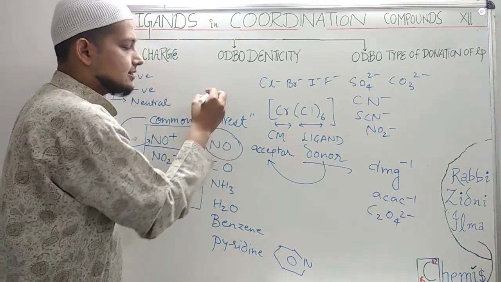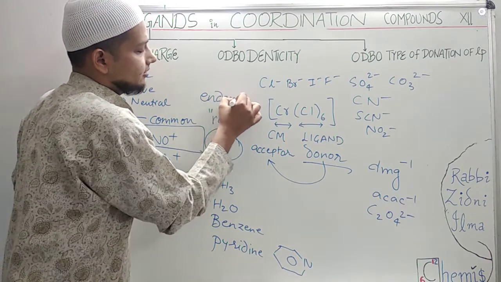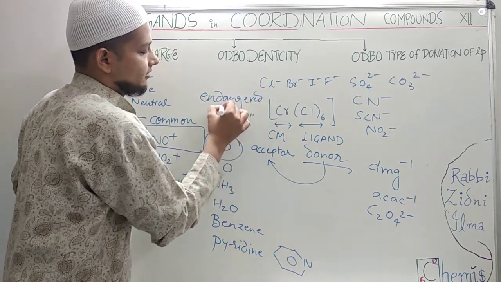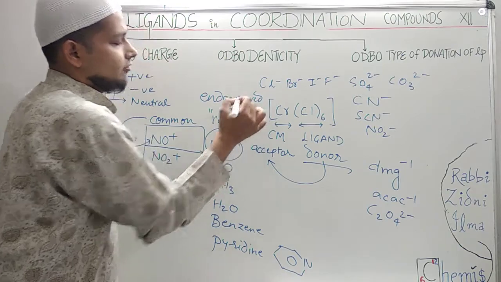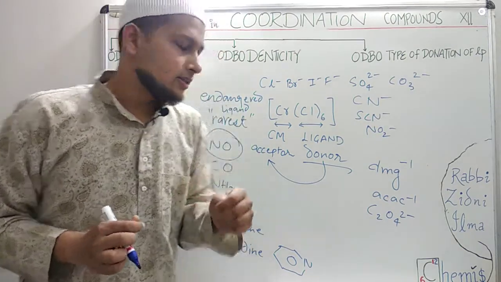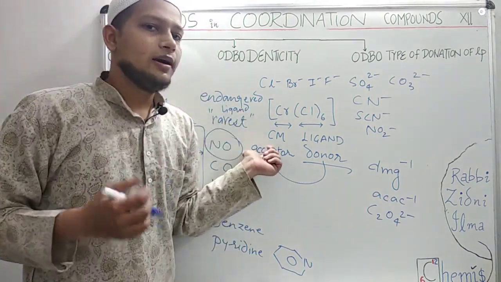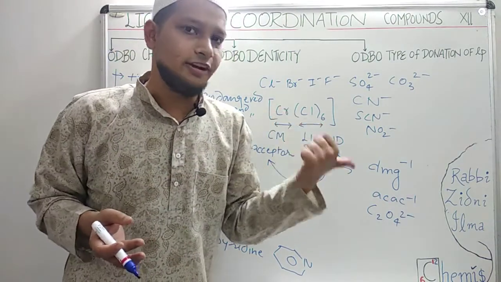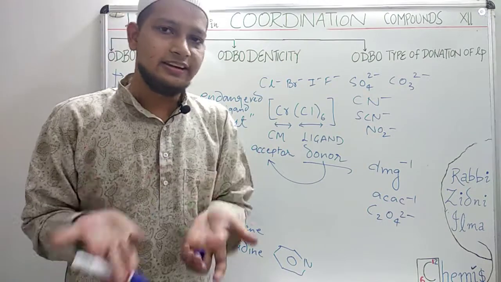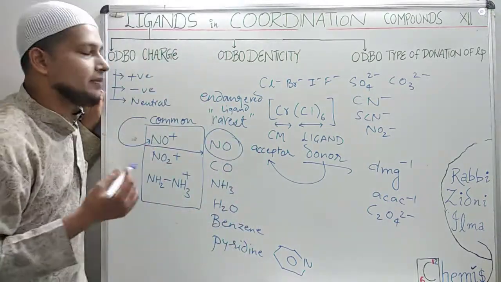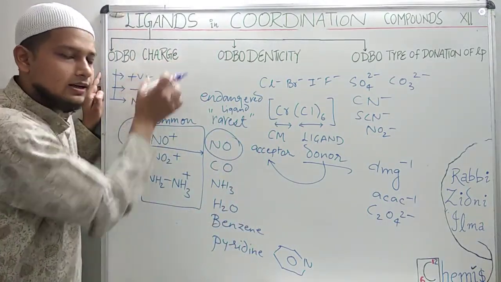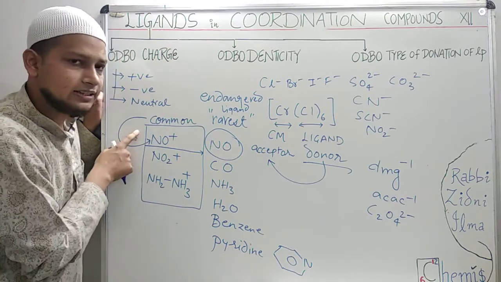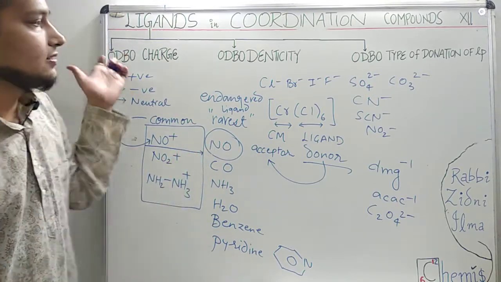It is an endangered ligand. There are very few examples in our syllabus where you find NO to be neutral. We have discussed those cases in the IUPAC video. The link is again in the description box. So this is the basic classification on the basis of charge. Remember this, NO is positively charged as well as neutral. The rest, you know the story.